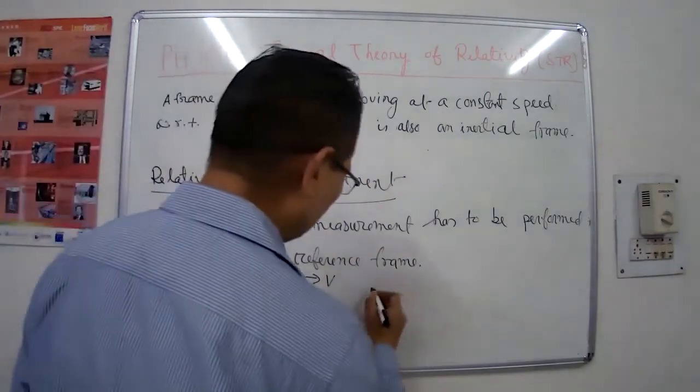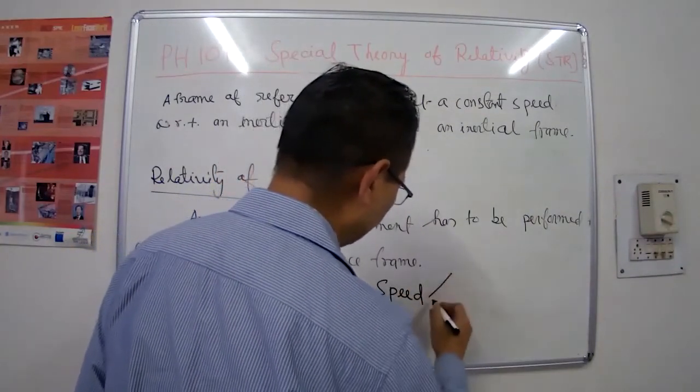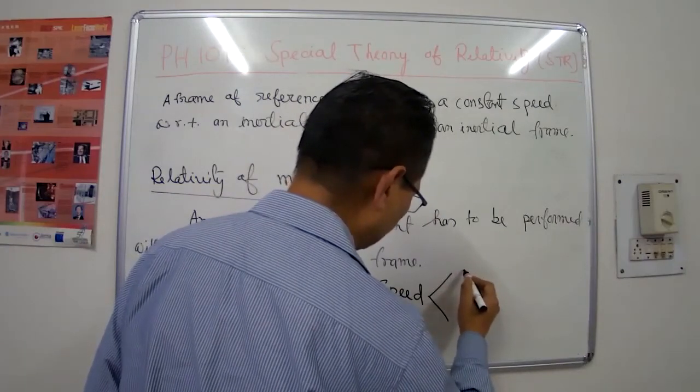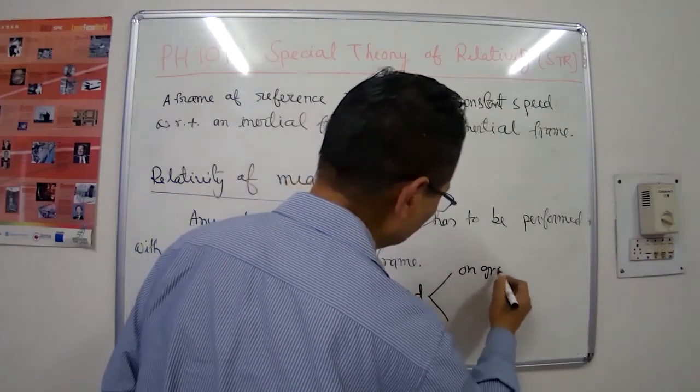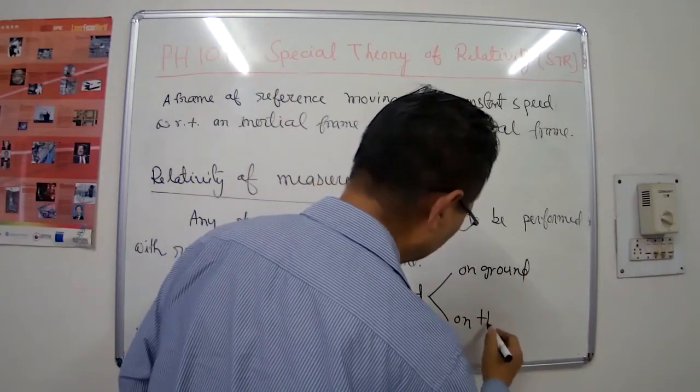So if you consider speed, its value will be different, whether you make the measurement on the ground or on the train.